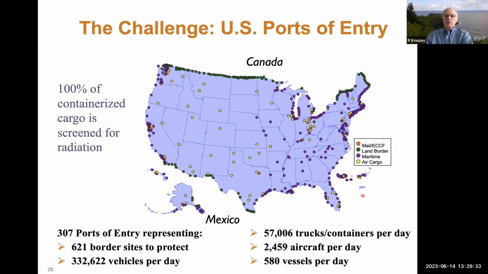The quantity of material that passes through these borders every day is massive: thousands of trucks, thousands of people, and thousands of containers, particularly brought in on ships. And the goal is to screen 100% of all cargo and people and vehicles entering the United States.